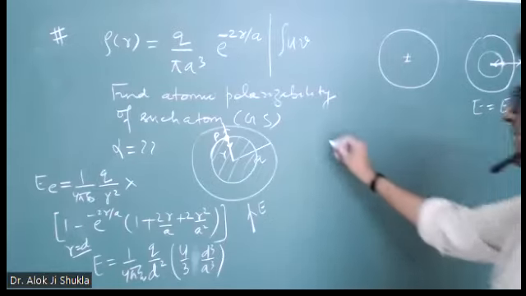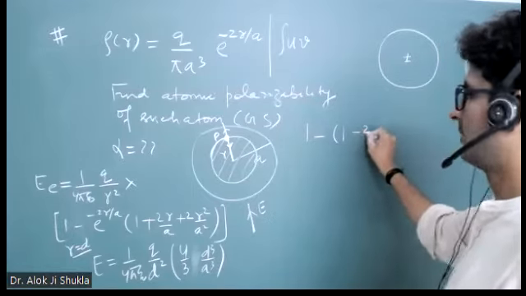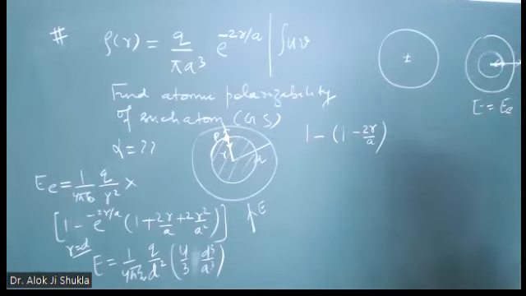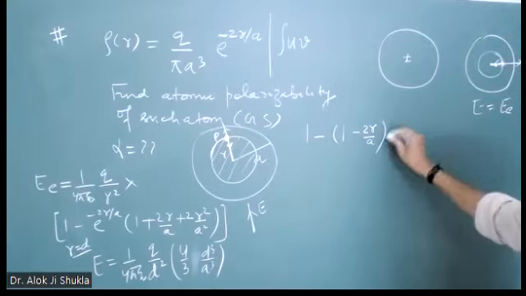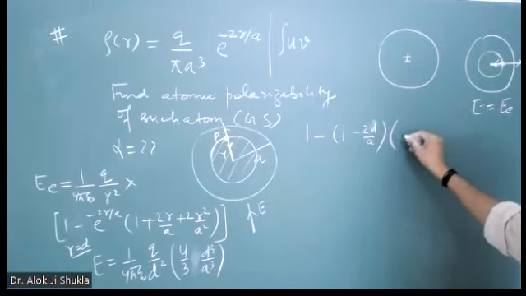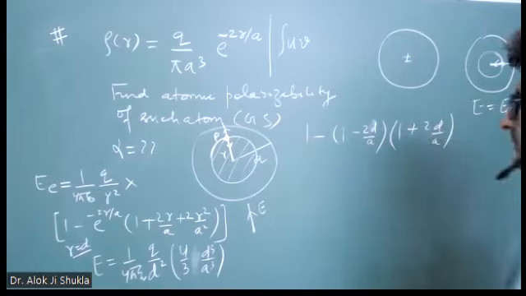It will become like this: 1 minus, what will this become? 1 minus 2r by a, 2d by a, and here 1 plus 2d by a, correct? Yes.